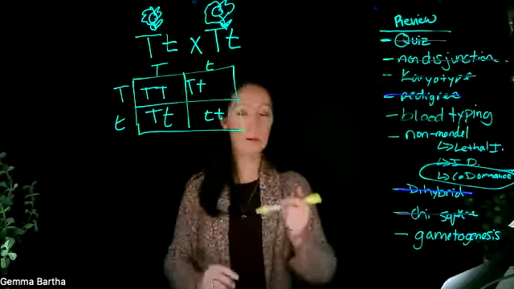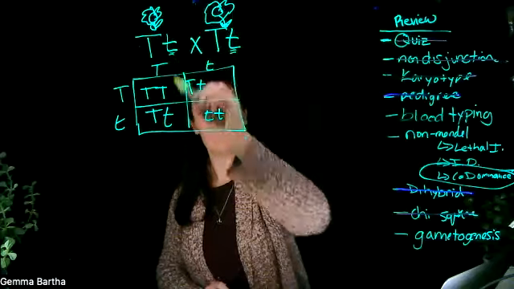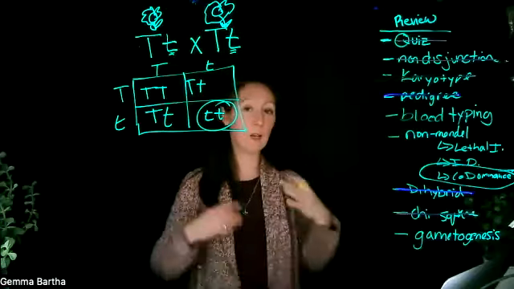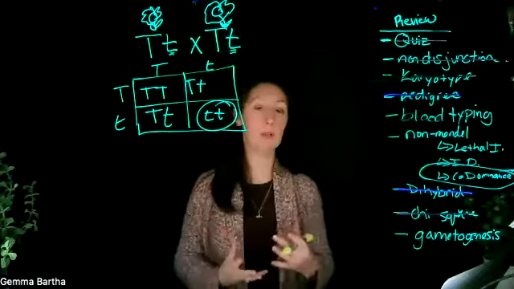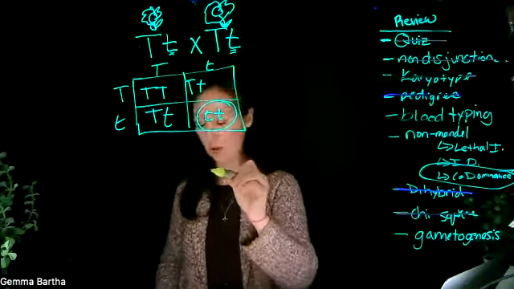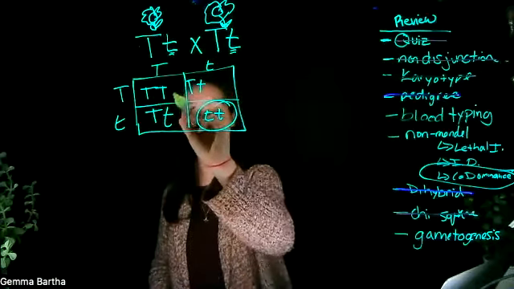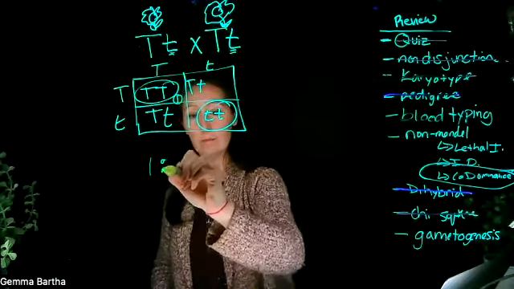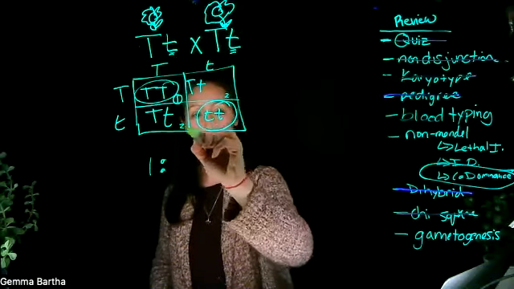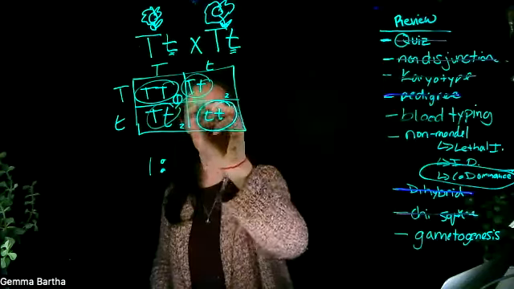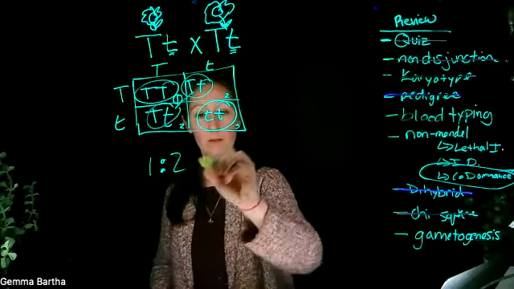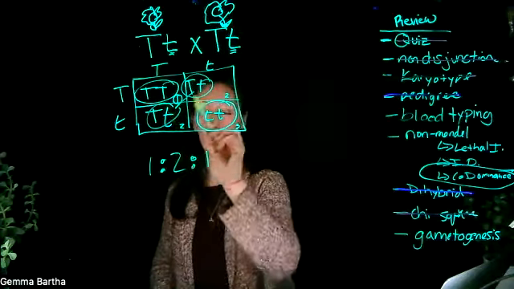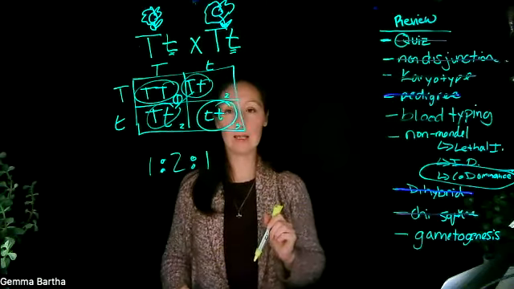They have this recessive trait that if you get a full little t, you can't produce chloroplast. So if you're talking about lethal inheritance, this would be a 1 to 2, because these are the same, to 1.